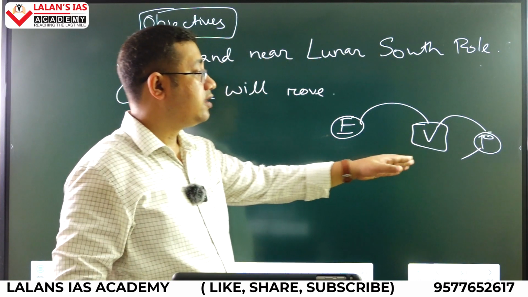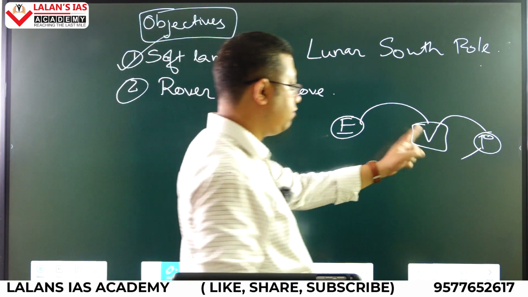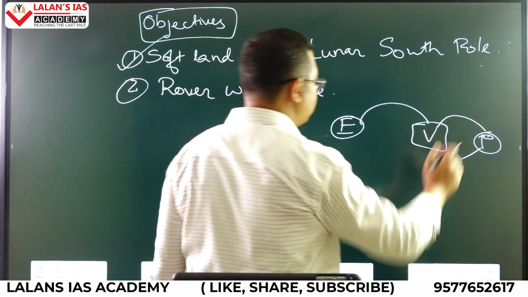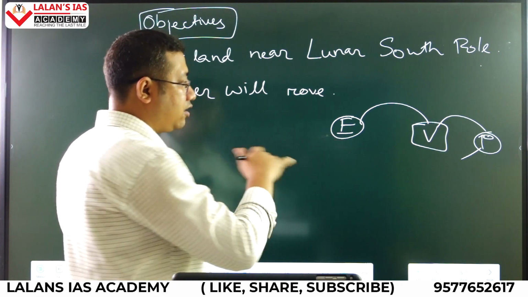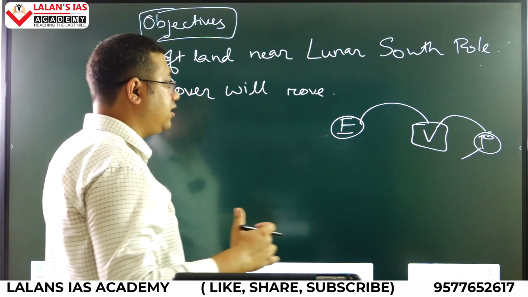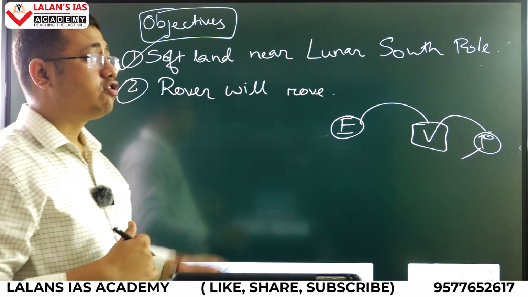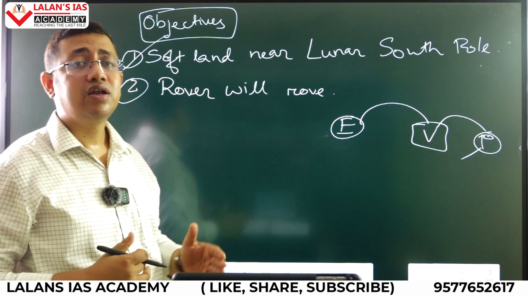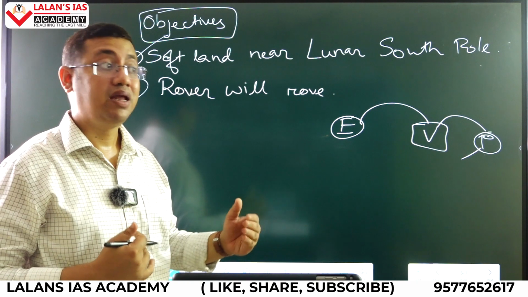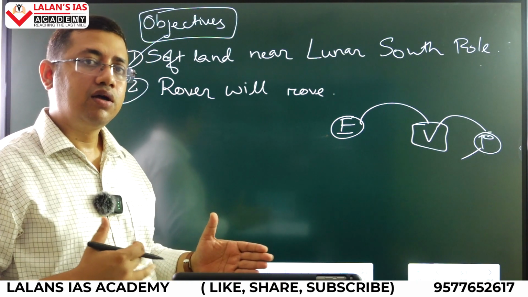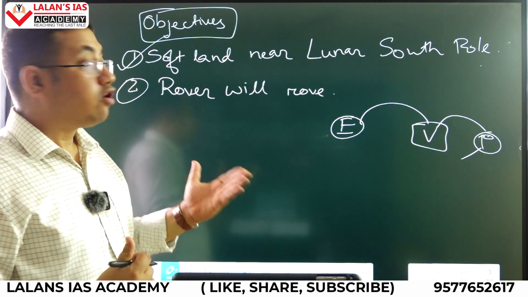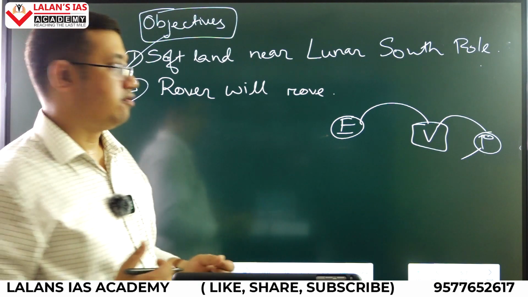So Vikram is controlling Pragyan while it is doing the experiments, and many data are pre-fed. Be mindful that because of the vast distance, the communication has a time lag. So many things are pre-fed, and you are seeing a lot of artificial intelligence in this also.